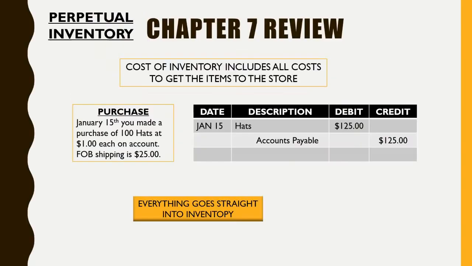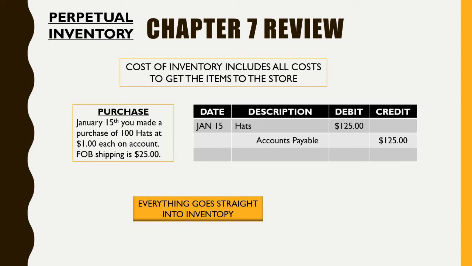Okay. So chapter review, we talked about the perpetual inventory, right? That when we make our purchases of perpetual inventory, we immediately recognize the inventory item for what it is. And it's going to include all the costs that are associated with that inventory.